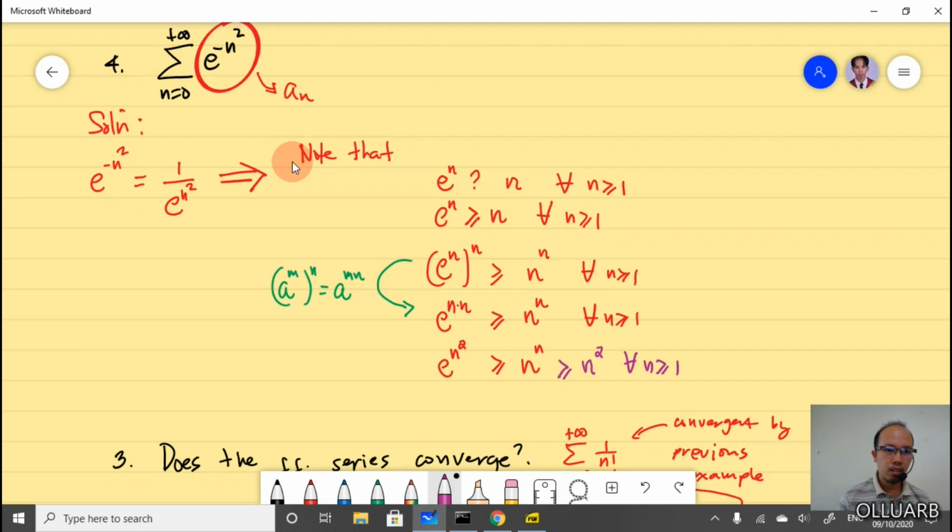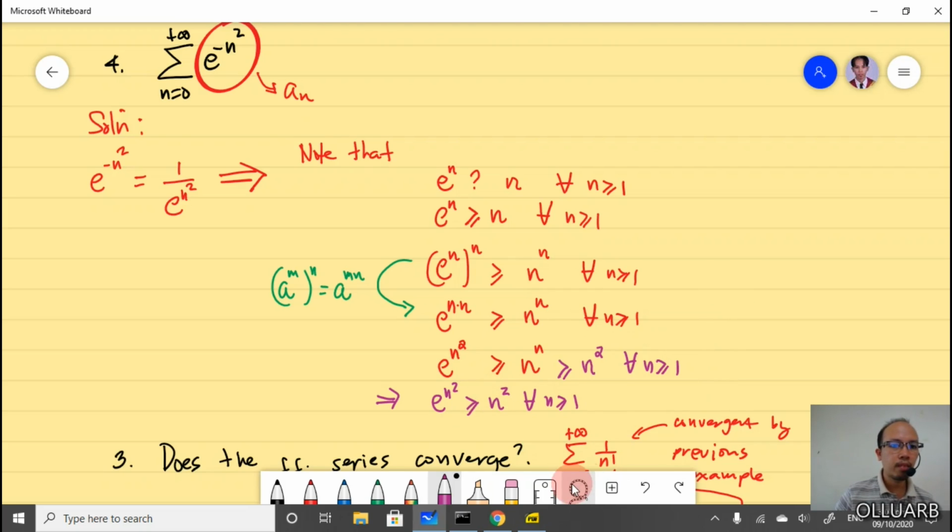So by transitivity, we have e to the n squared is greater than or equal to n squared for all n greater than or equal to 1. So from this, this is now our b sub n, and this is our a sub n.